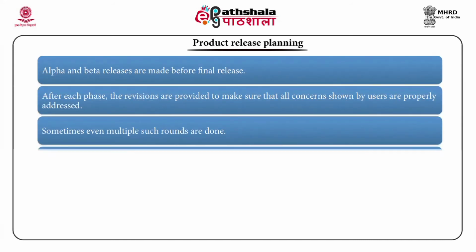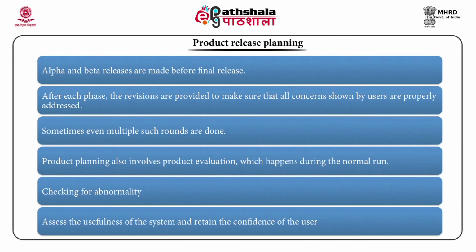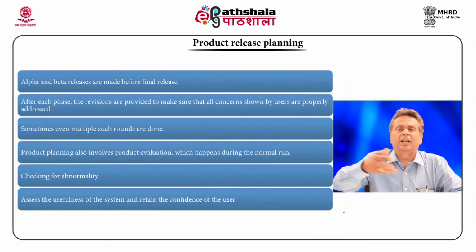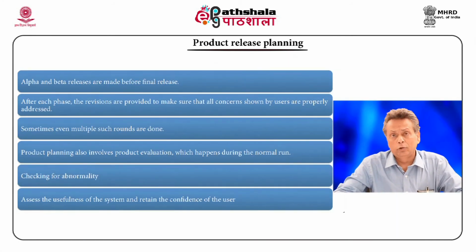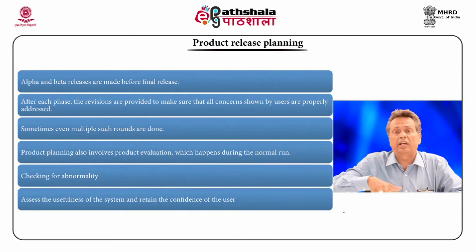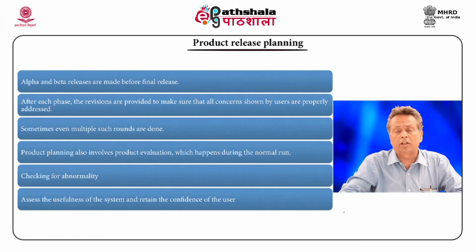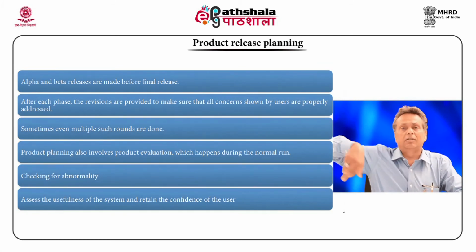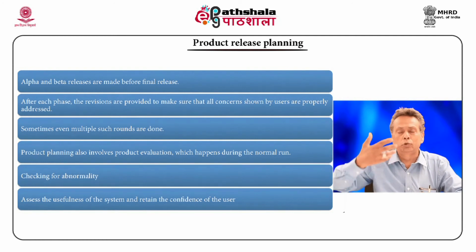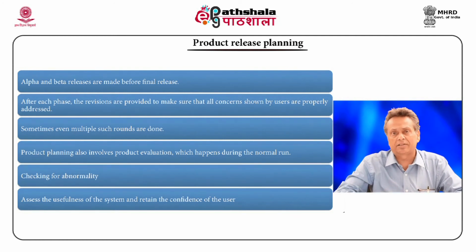Product release is also planned. Why? Because you have probably seen a lot of beta releases yourself. Usually there is an alpha release as well, which is circulated in the company only, and people using that product in the company come back and give their feedback. The beta release is given to the usual customers, and their feedback is taken, and then you release the final product.